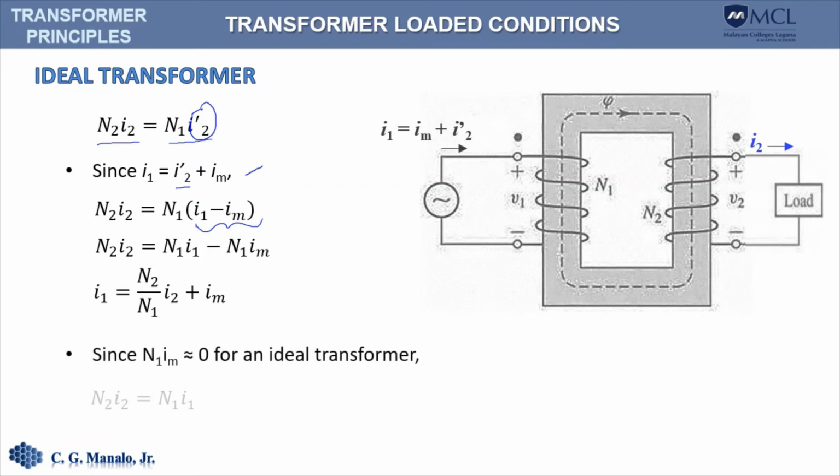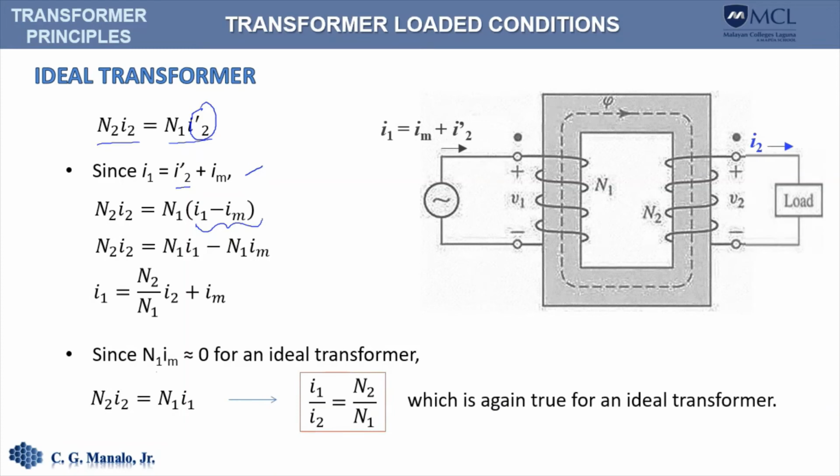However, since we said that this is very small, we can approximate it to be equal to zero, and that will simplify this equation into this equation. And if we rearrange it, the ratio of the primary current over the secondary current is equal to the reciprocal of the turns ratio, which is again true for an ideal transformer.